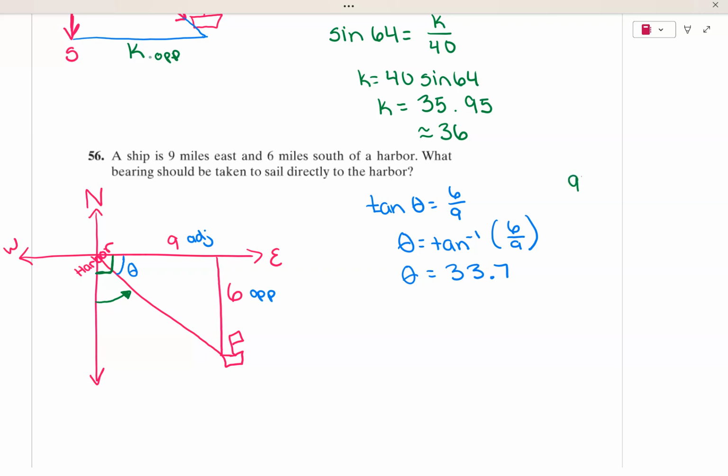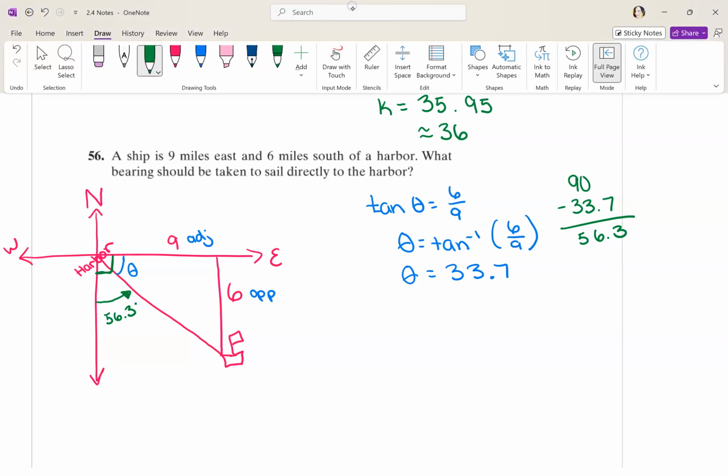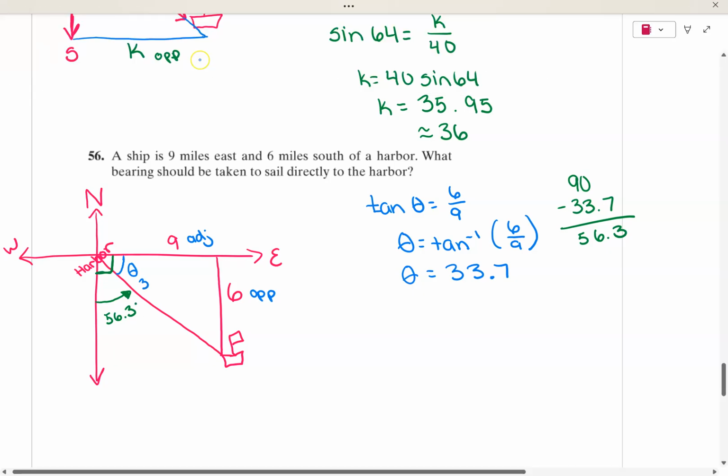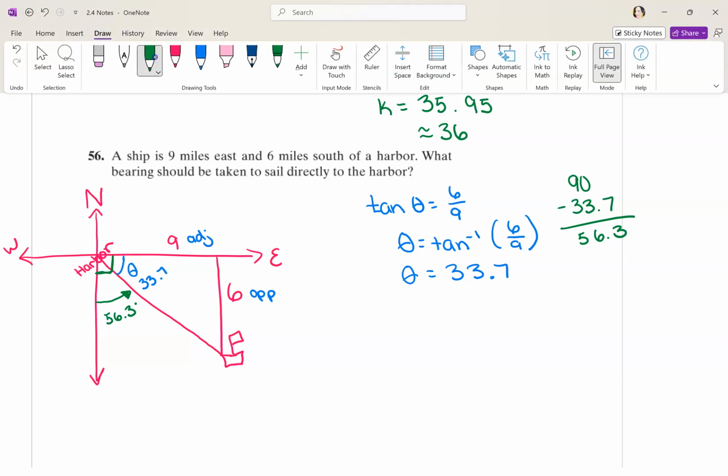So we have 90 minus 33.7, and that gives us 56.3. So I know that this has 56.3 degrees here, and then I'm going to go ahead and write this one here as well.